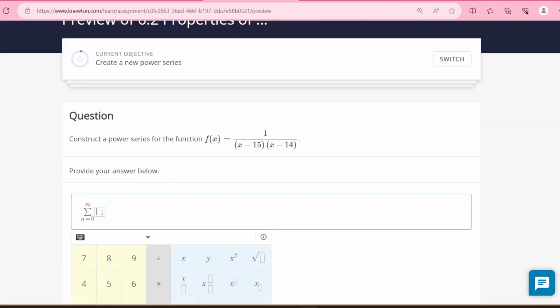All right, so back here in the box, we have the sum from n equals 0 to infinity of 1 over 14 to the n plus 1 power, then minus 1 over 15 to the n plus 1 power, then all that times x to the nth, and that should be enough.